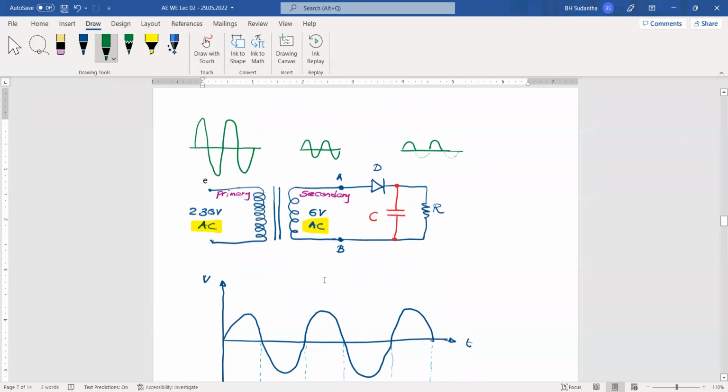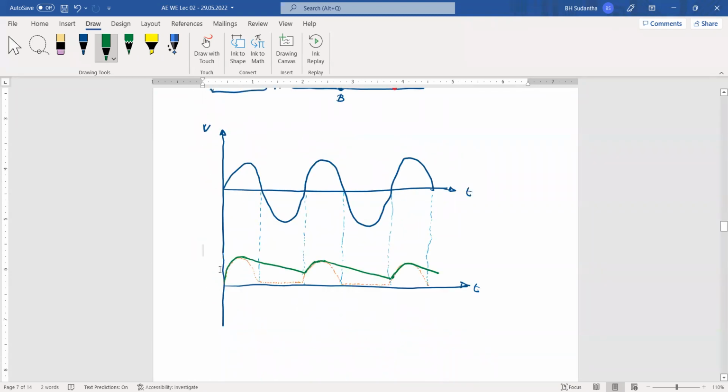Compared to the previous voltage, a huge ripple was there, but now the ripple has been reduced. Okay. And there is no blank voltage period here. All the time a certain voltage value is there, but again we have a ripple, but compared to the previous one, the ripple has been reduced.